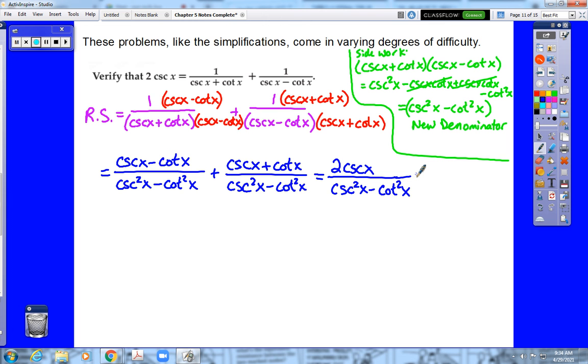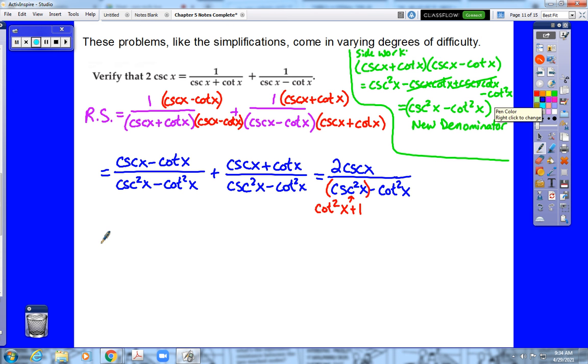Now, at this point, there are two possible ways we could finish this identity, and it's about to get a lot better really quickly. So what I'm going to do is use a Pythagorean identity here. I'm going to replace cosecant squared with its Pythagorean identity equivalent of cotangent squared x plus 1.